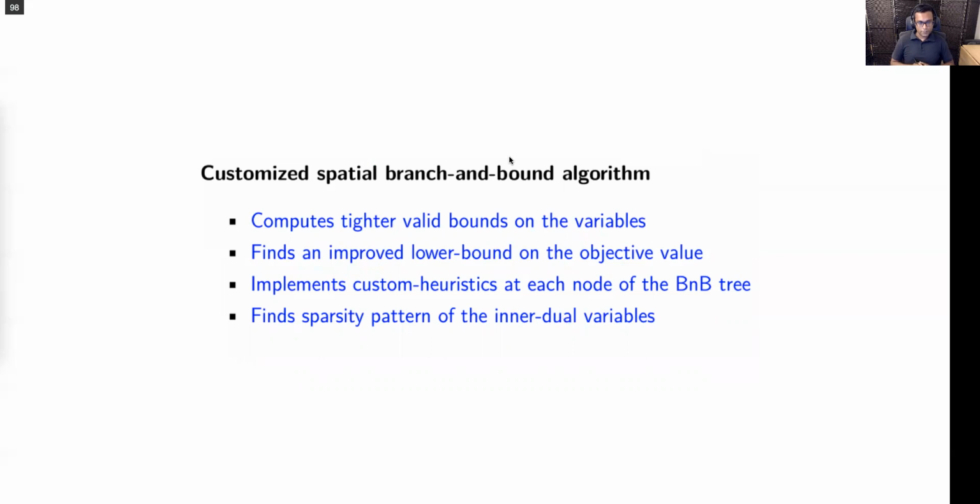How do we do that? There are other things that we have done, but these are the main four customizations. First, we compute tighter valid bounds on the variables. We find an improved lower bound on the objective value. We implement custom heuristics at each node of the branch and bound tree, and we also find the sparsity pattern of the inner dual variables.